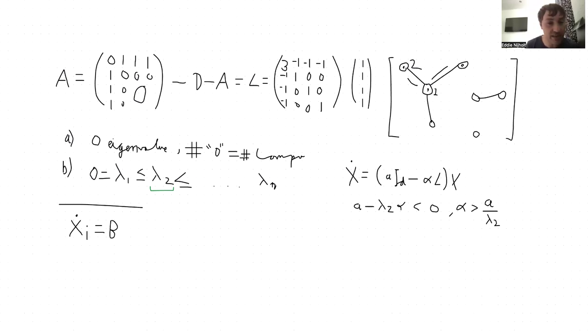So suppose I have xi dot, and now xi is the state of a node, but it's in Rn or Rk, something higher dimensional. But suppose it's still linear. So suppose I have xi dot as b xi, and suppose that it talks to some other nodes. So I'm going to have a coupling strength alpha, and I'll have a summation over all the nodes.